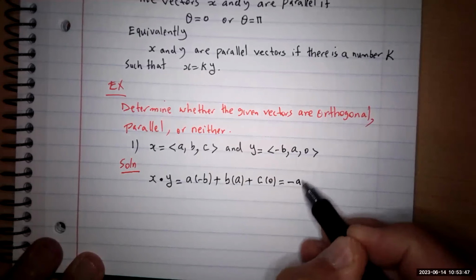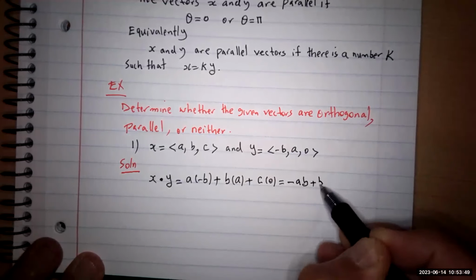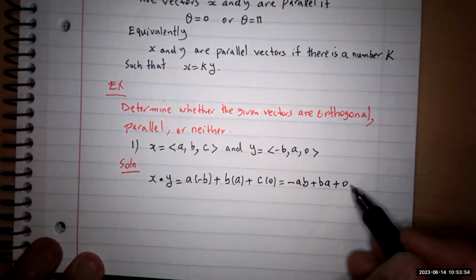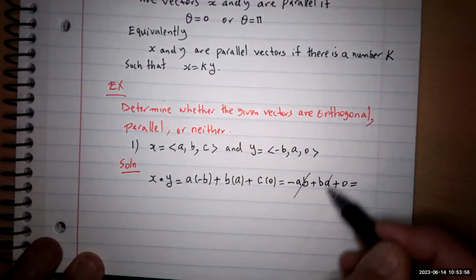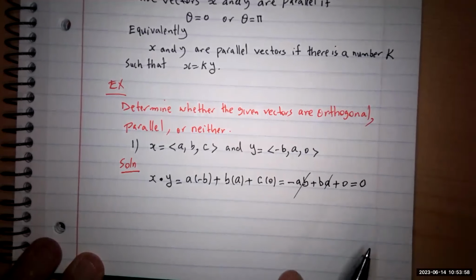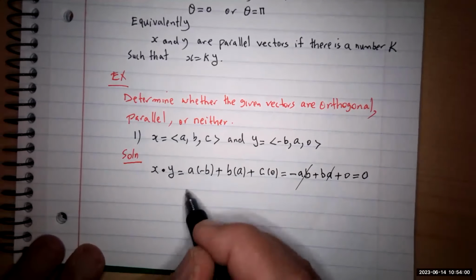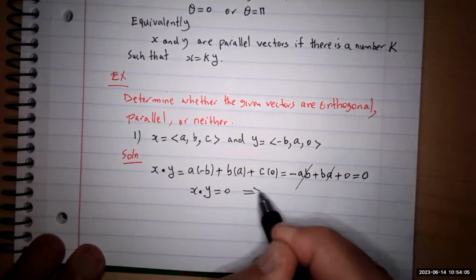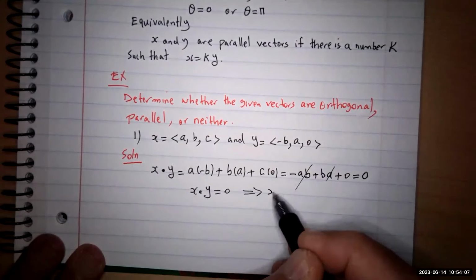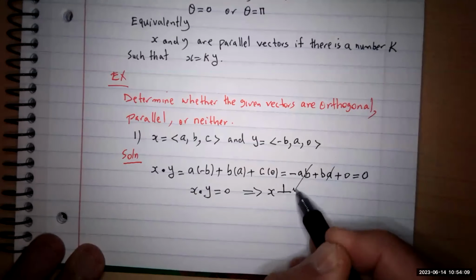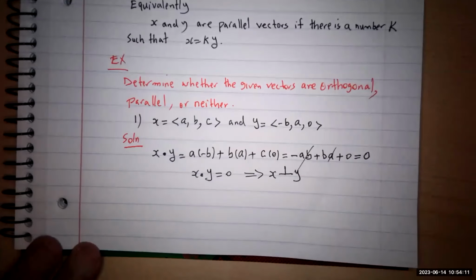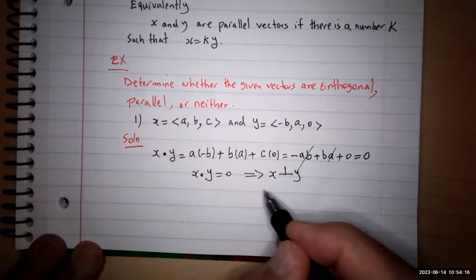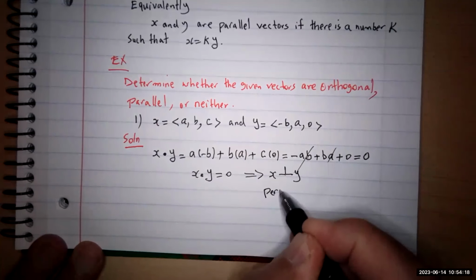That gives me negative ab plus ba plus 0. These two cancel out, so that gives you 0. So x dot y is equal to 0, which means they are perpendicular. So x and y are perpendicular or orthogonal.